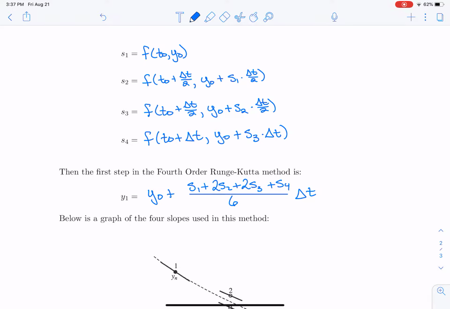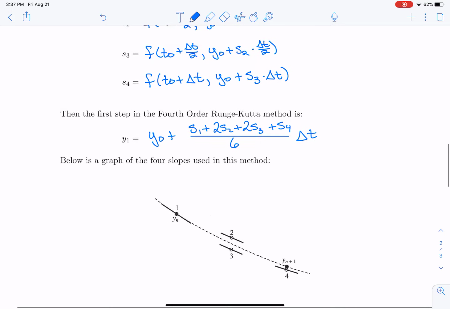average. Now, I'm not going to derive exactly why this method works and why we want to use 2 of each of the middle 2 slopes. That's for another type of class, a class in numerical analysis. But I can tell you that a lot of these methods come out of understanding Taylor series and using Taylor series to approximate functions.